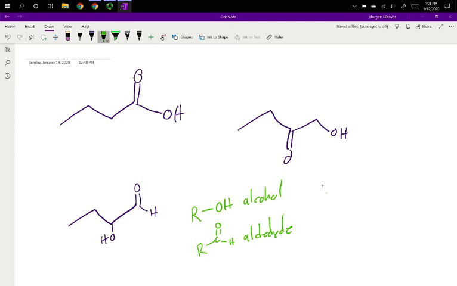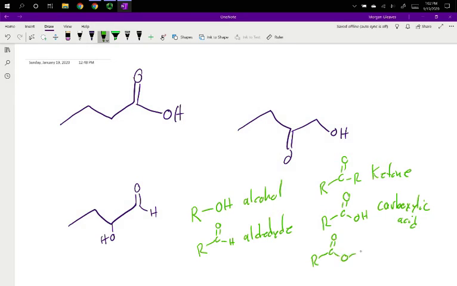If you had R group, carbon, double bond oxygen, R group, you were a ketone. R group, carbon, double bond oxygen, OH, you were a carboxylic acid. If you were an R group, carbon, double bond oxygen to an oxygen to another R group, you were an ester. So these were our oxygen-containing functional groups.